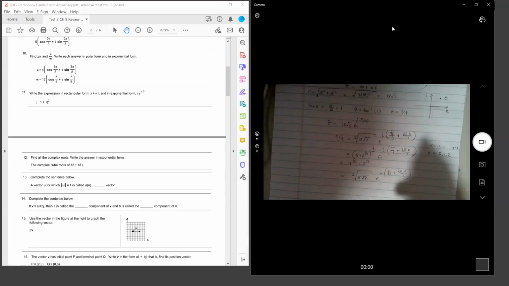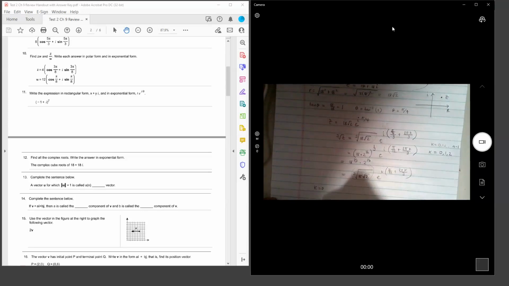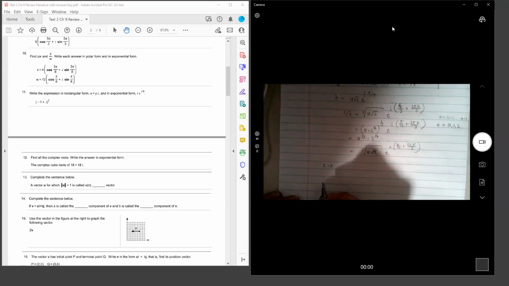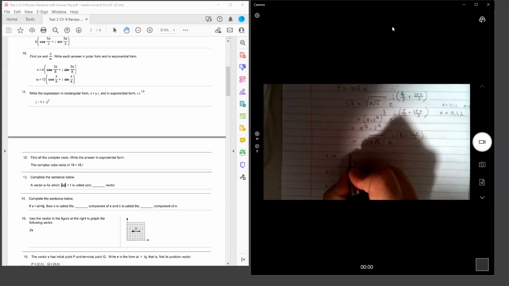Now that we established that this is not going to go anywhere fun, we need to start plugging in what happens when k is equal to 0. I'm going to leave a little bit of room there. What happens when k is equal to 1? And what happens when k is equal to 2? So here we go.